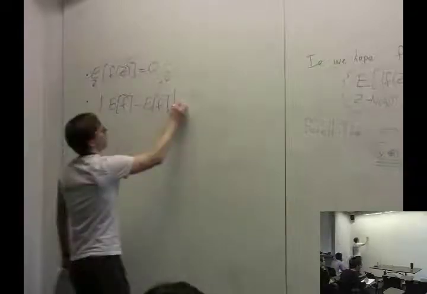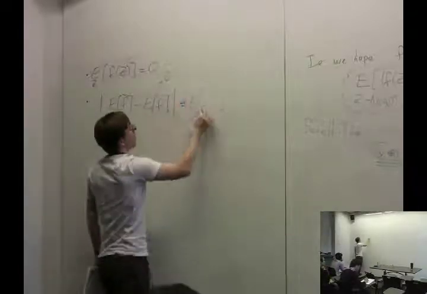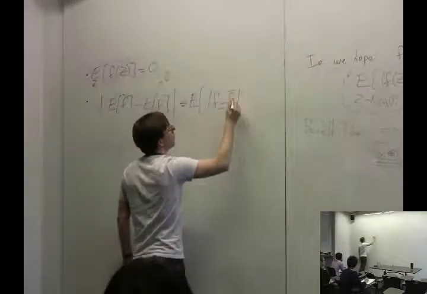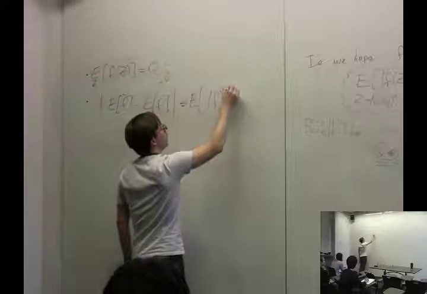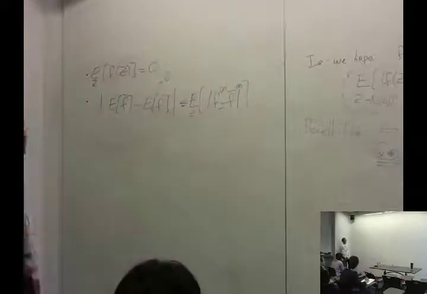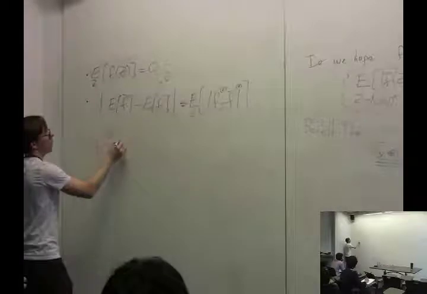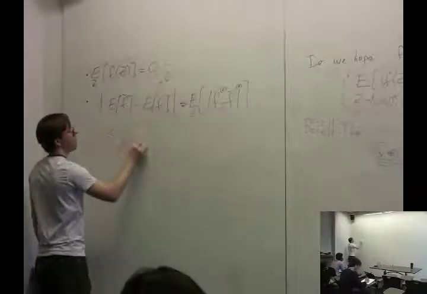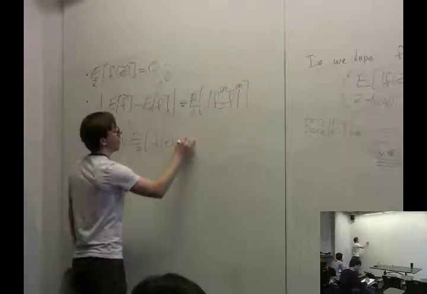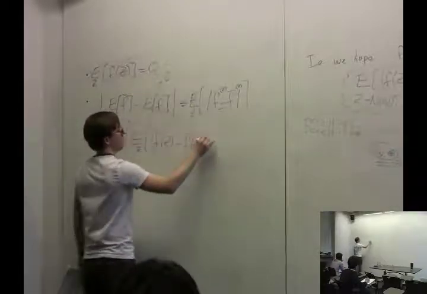This is at most the expected value of f minus f bar in absolute value, over z. That's the triangle inequality. And now I can use Cauchy-Schwarz. So that's at most the square root of the expected value over z of (f of z minus f bar of z) squared.